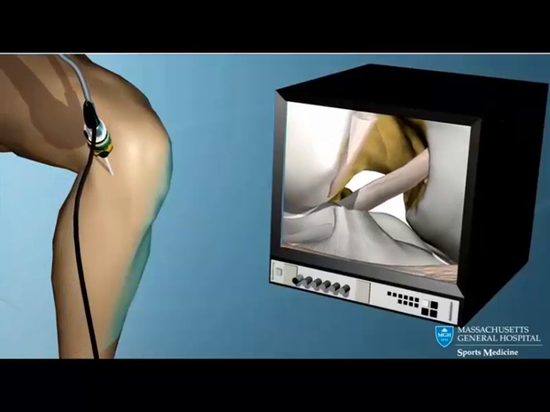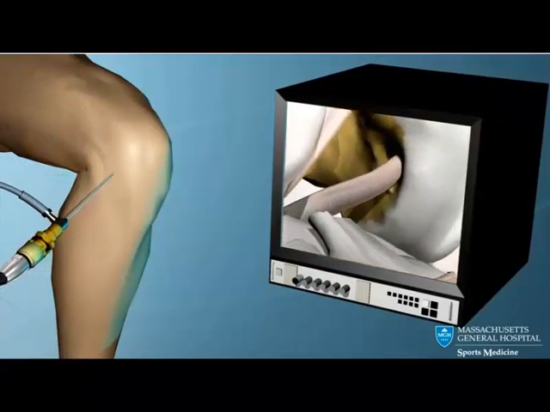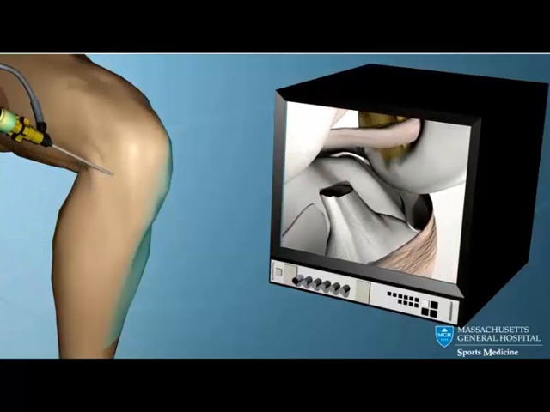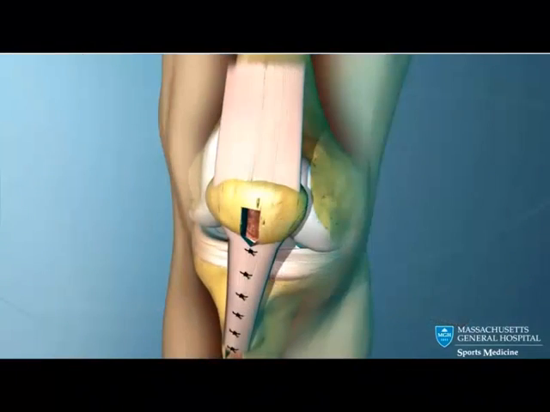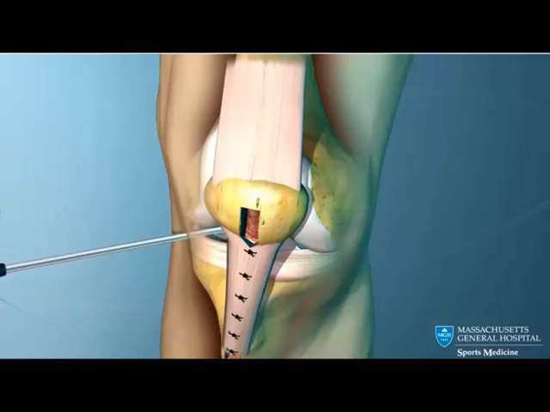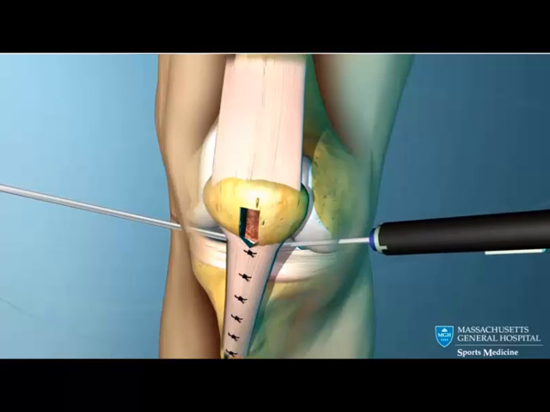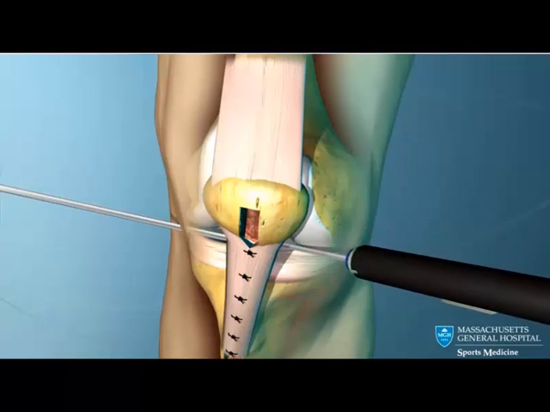The rest of the operation is performed with the aid of the arthroscope while viewing the inside of the knee on a television monitor. The arthroscope is introduced into the knee and the joint is inspected. Any associated problems such as torn cartilage is corrected.